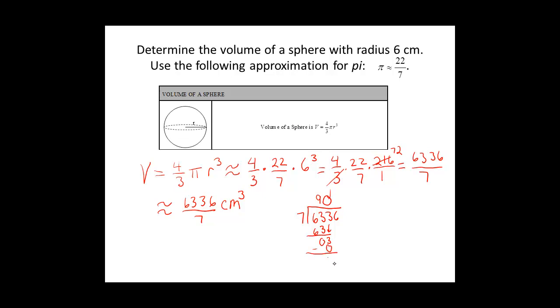Subtract and get 3. Then we'll bring down the 6. 7 divides 36 5 times. 7 times 5 is 35. And we subtract and get 1 left over. So our numerator is 1 and our denominator is 7. So this answer as a mixed number is 905 1/7 centimeters cubed.